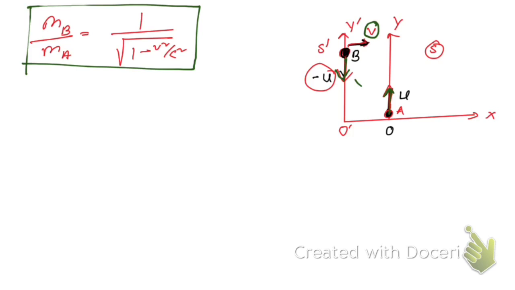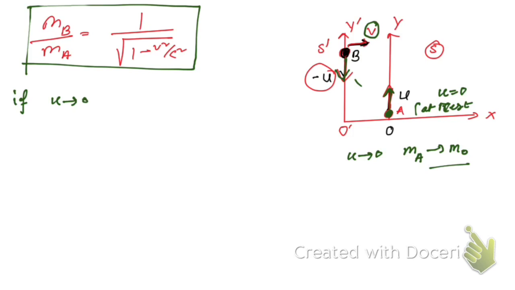Now let us consider that this particle A is at rest. Suppose at rest means, so here we're going to consider u is equal to 0, right? So as u tends to 0, then this mass of A tends to m naught, meaning rest mass. So if u tends to 0, then ma tends to m naught, which is the rest mass.